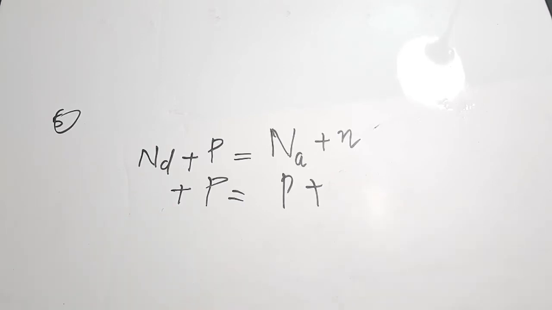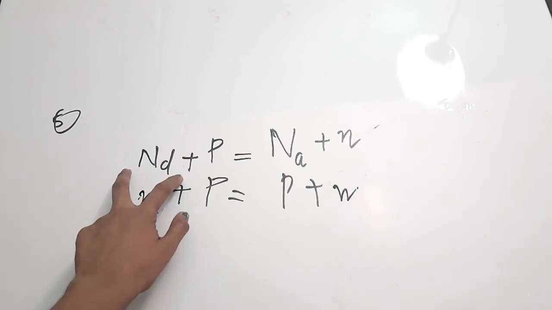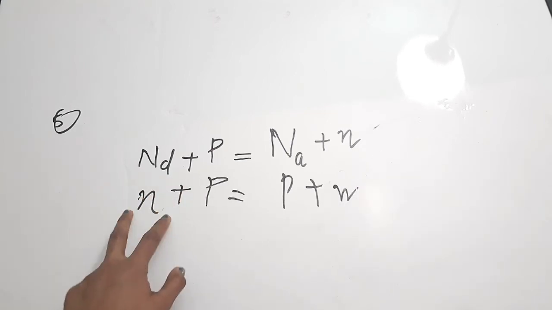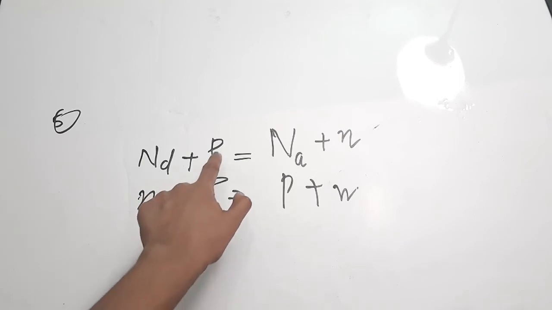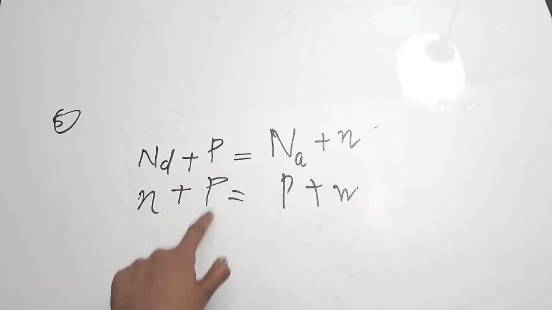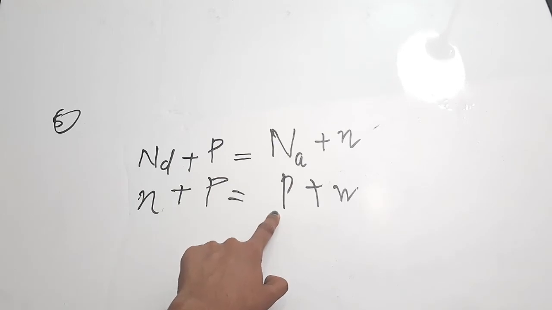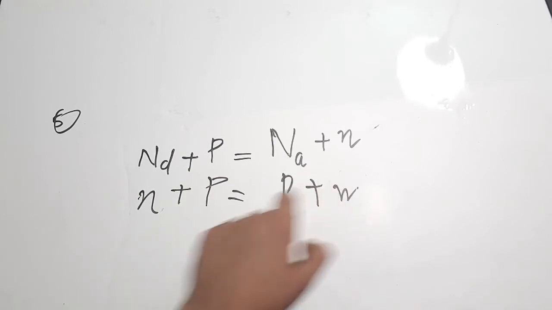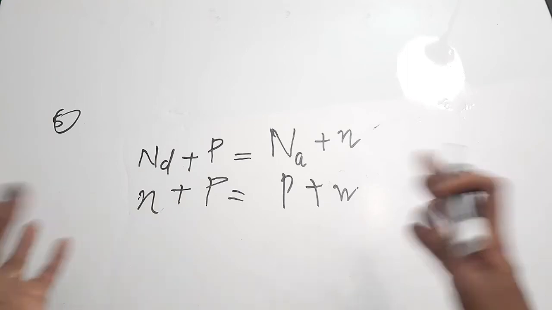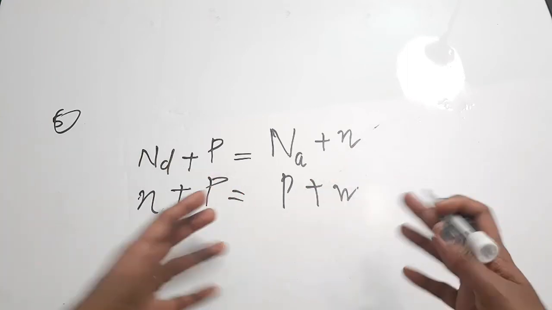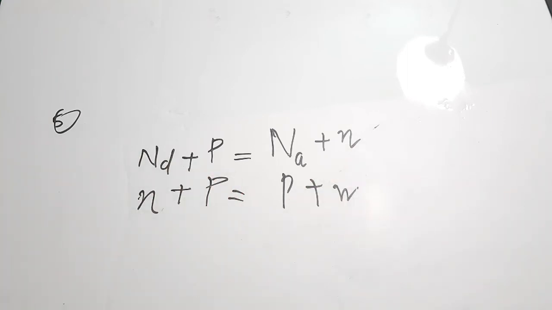Or in a simple way, I'll write it as N and P itself. So donor atoms create electrons, represented using N, plus holes, is equal to acceptor atoms creating holes plus electrons. Then both sides of the equation will be equal, and then the material is assumed to be electrically neutral.